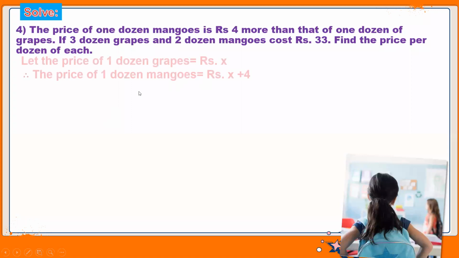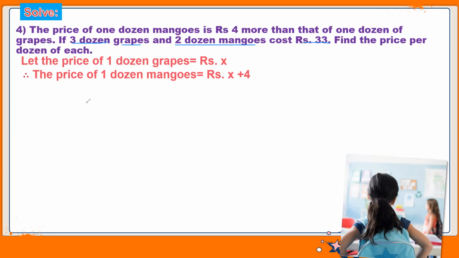So let the price of 1 dozen grapes be equal to X. So the price of 1 dozen mangoes is equal to X plus 4. Right? Now read the next line. What is written next? If 3 dozen grapes and 2 dozen mangoes cost rupees 33.